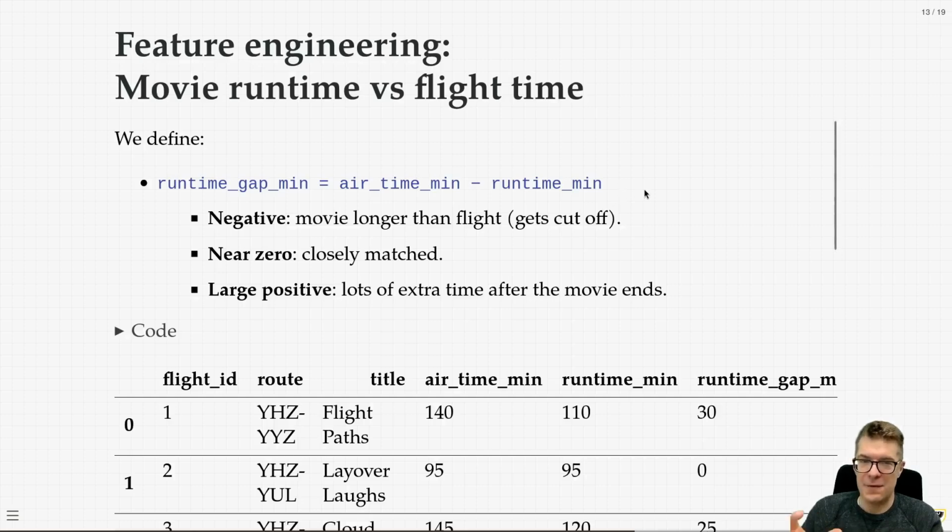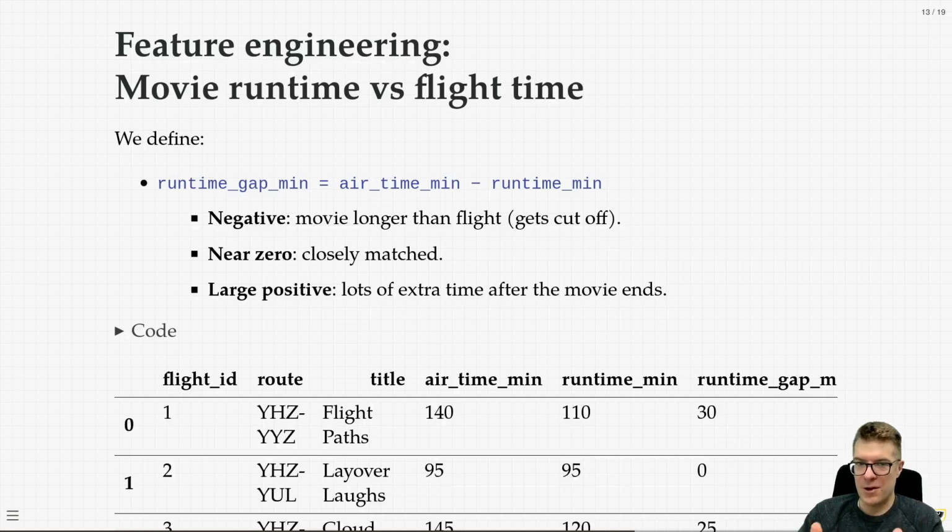Okay, this is the difference between, if you're in a flight, how much time could be spent in a flight where there's no movie playing, if there's one movie that you can play on a flight. So the overall airtime minus the runtime of a movie is the amount of time not watching a movie on this particular flight. If it's negative, then the movie is going to be longer than a flight and will get cut off, and that's something that the passengers might not like.